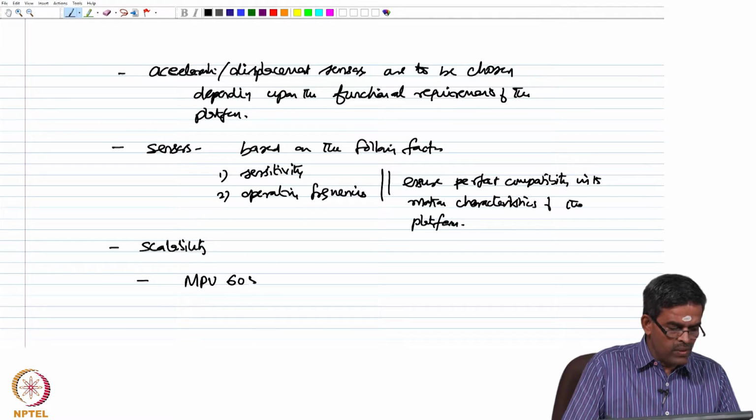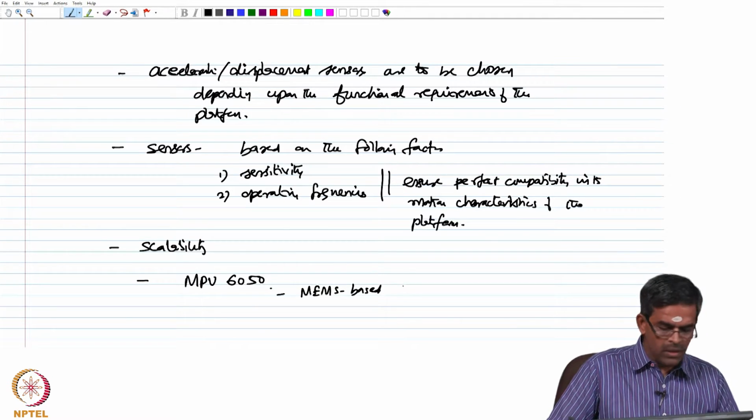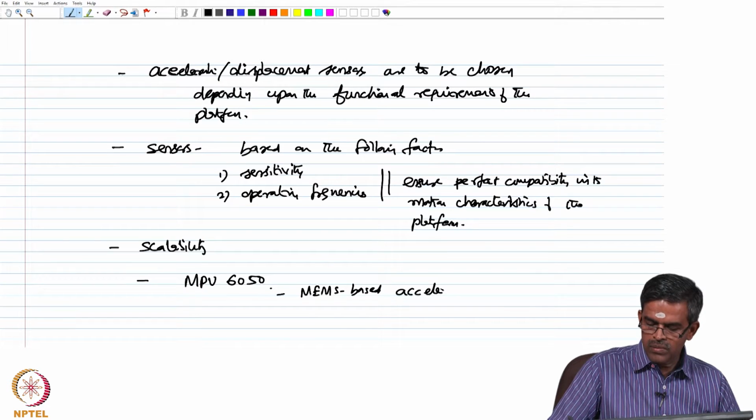So, the sensor adopted in this case is the MPU 6050, which consists of a MEMS based accelerometer and gyroscope module.